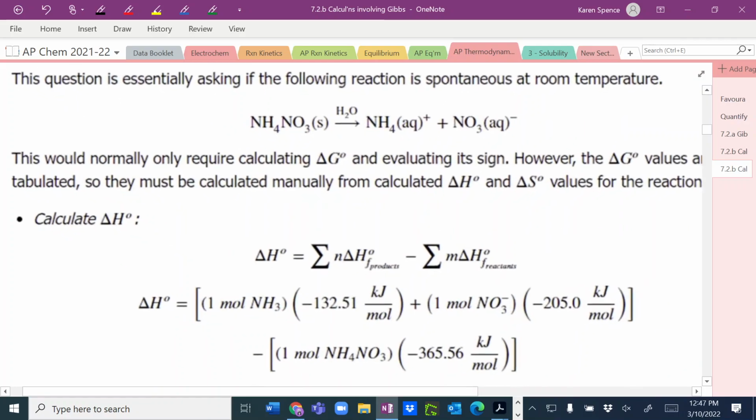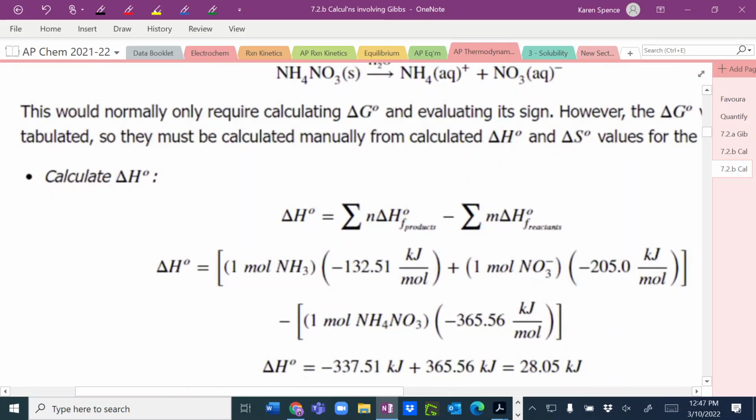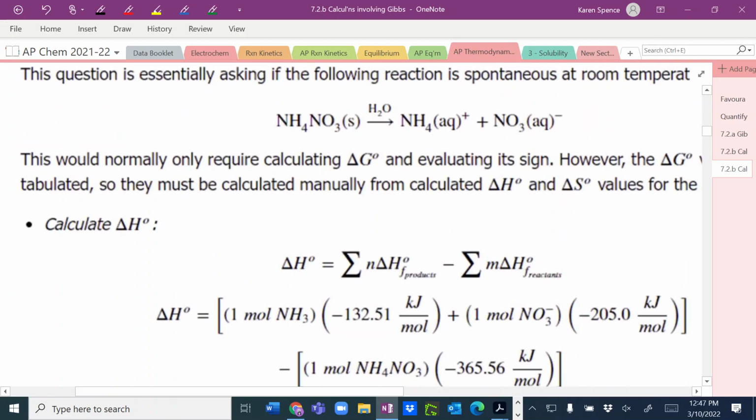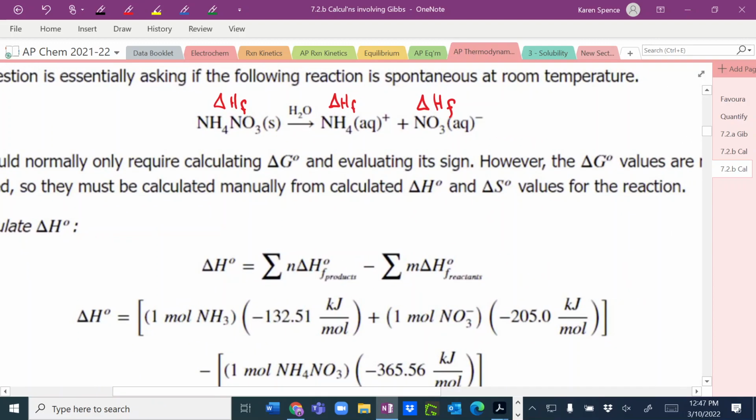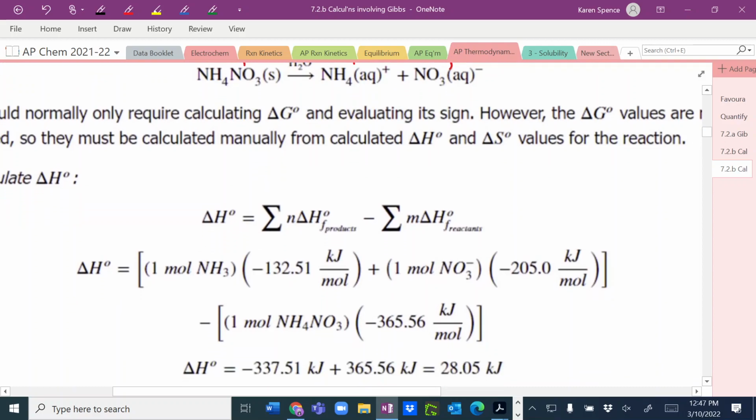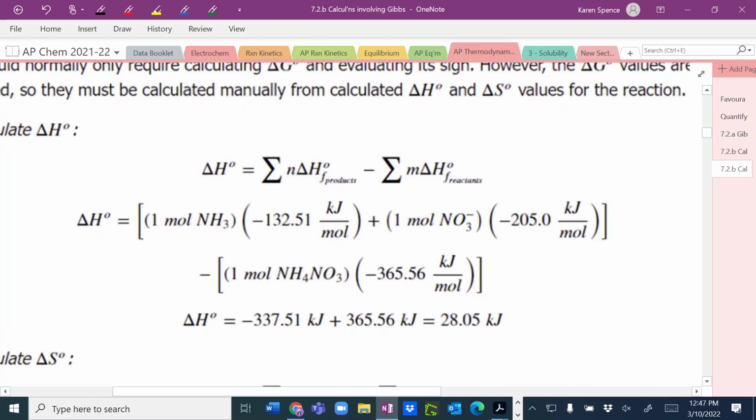But if you did have to do it, you would calculate delta H using delta H of formation for this one, delta H of formation for this one, and delta H of formation for this one. So you would add them all up, right? We've got 1 mole, 1 mole, and 1 mole, and 1 mole.